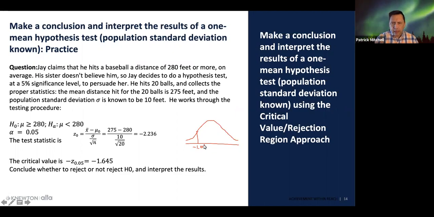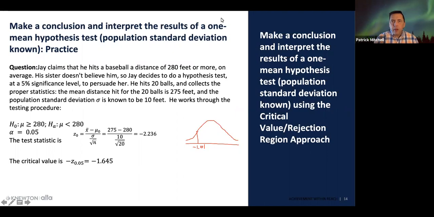Because this is a left tail test, let's try this again. Okay, negative 1.645. It doesn't have to be pretty, it just has to do the job, right? So my rejection region is going to be this region here, which means that if I get any calculated test statistic less than or equal to negative 1.645, I'm going to reject my null hypothesis.